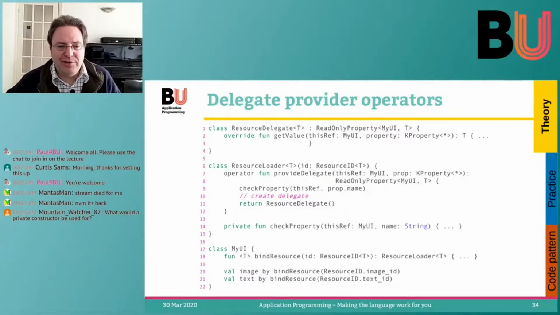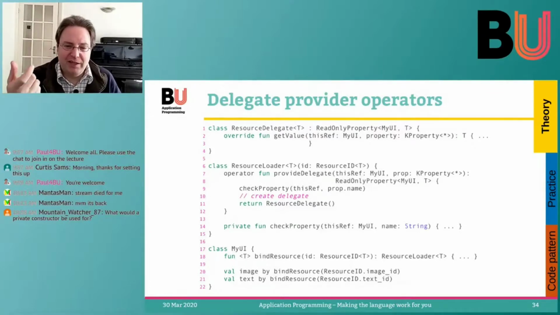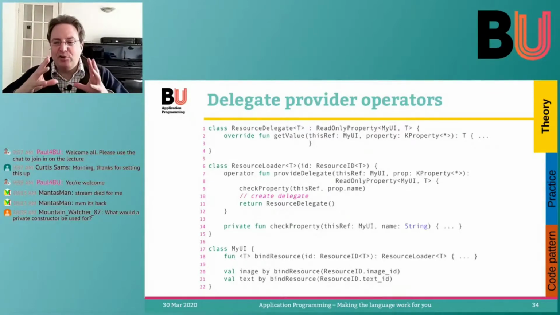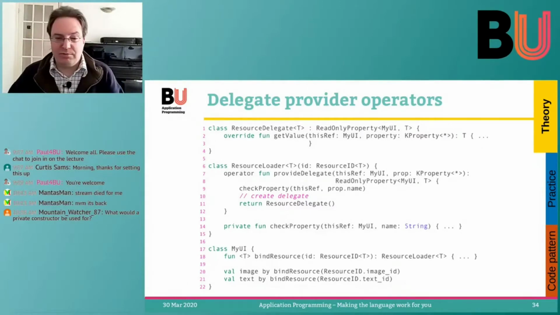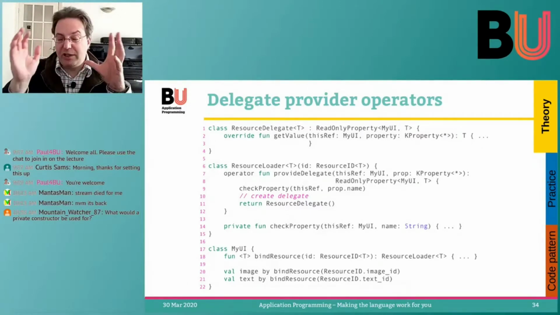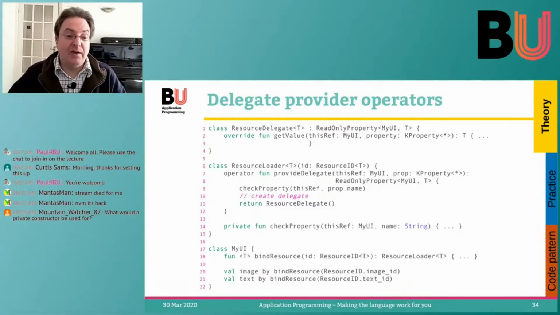So what you can do instead is this operator that is provideDelegate. By the way, when you create a delegate you write something like property X by this particular function that creates me a delegate, or a constructor that creates me a delegate.